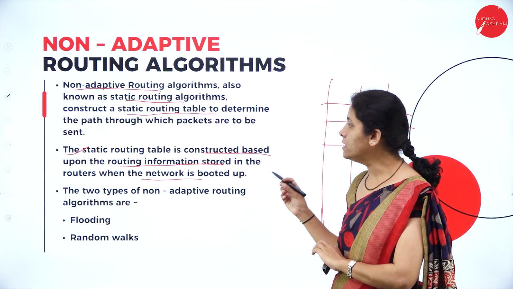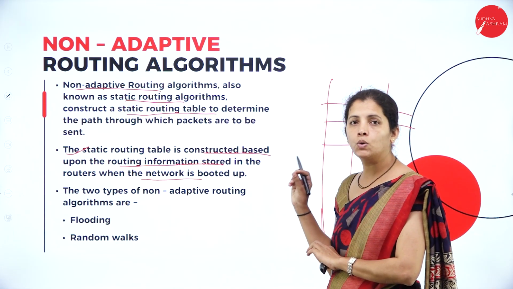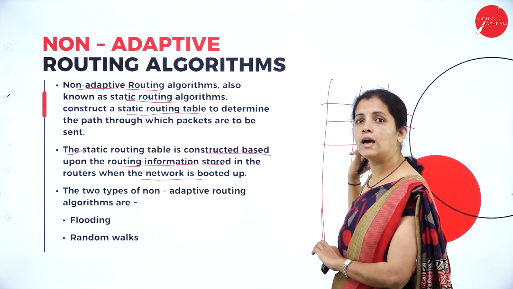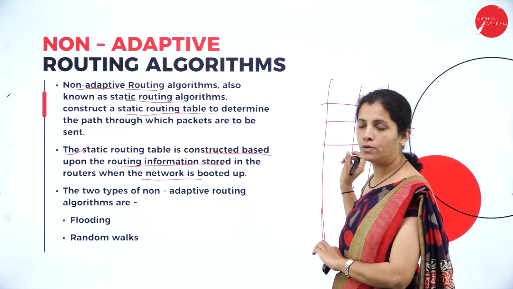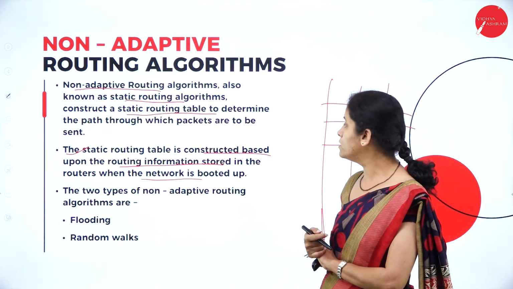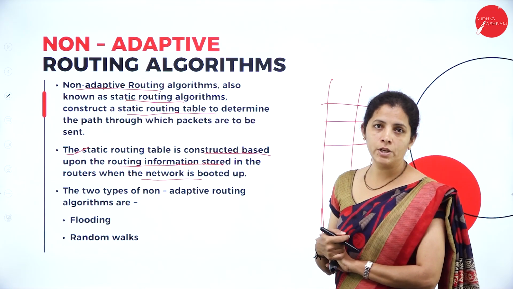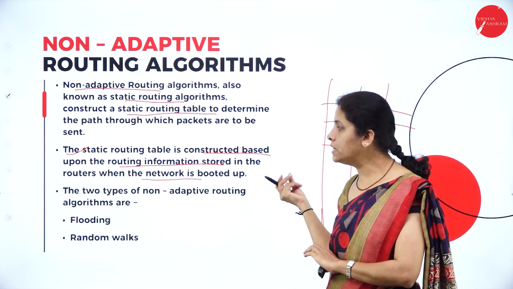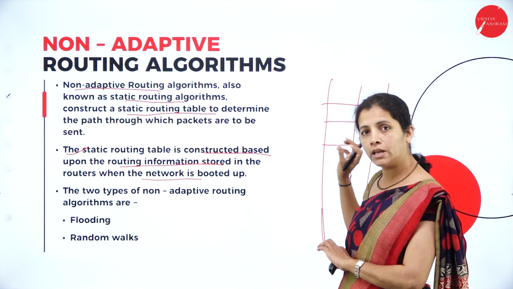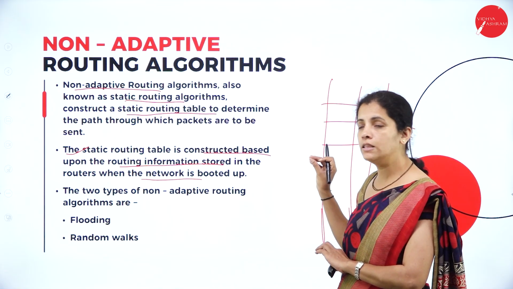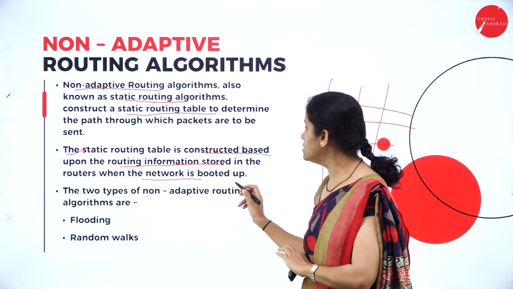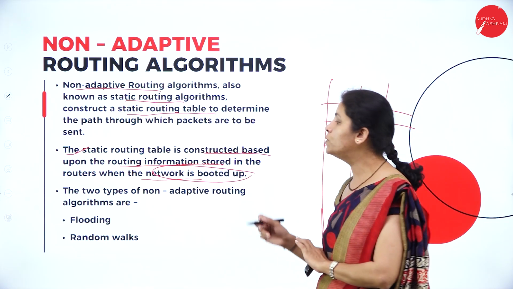So dear student, in my static routing table, I'm going to store the routing information. Okay. So it is constructed based upon the routing information, which is stored in the router. So I'm going to construct the routing table from whatever information is present in the router. Okay, and that is when the network is booted up.